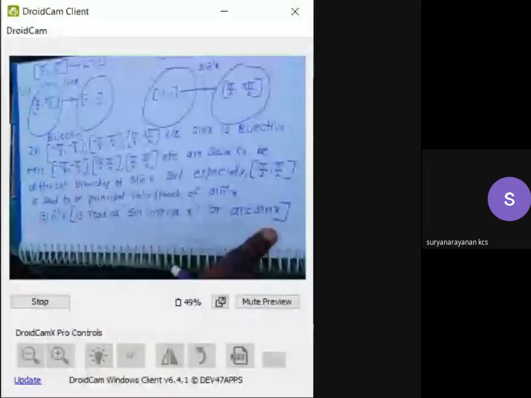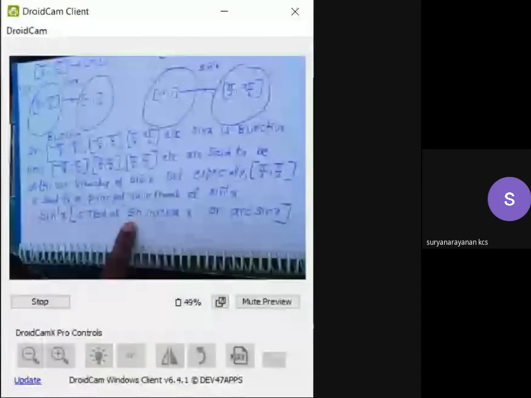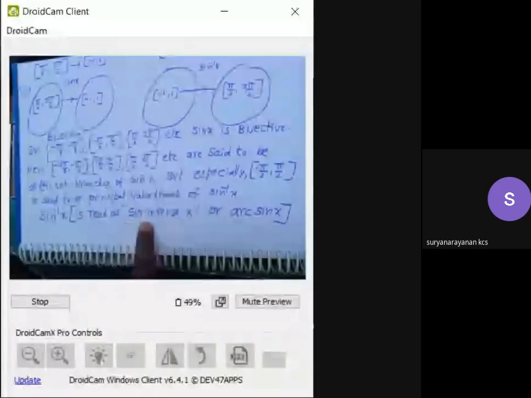Very good, Pritika. This one, Ashwara, can you read this one? And this one, Yashwantram, can you read this last line?